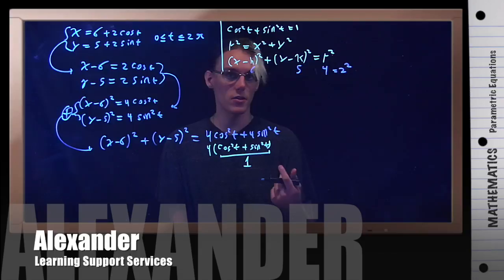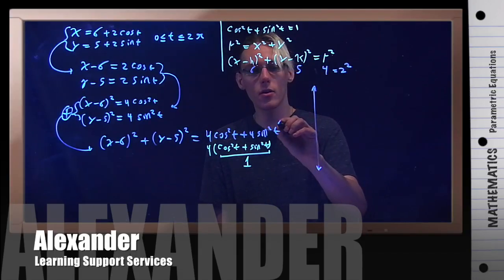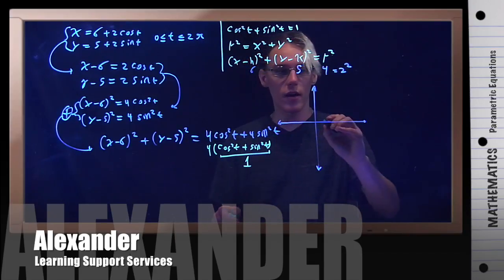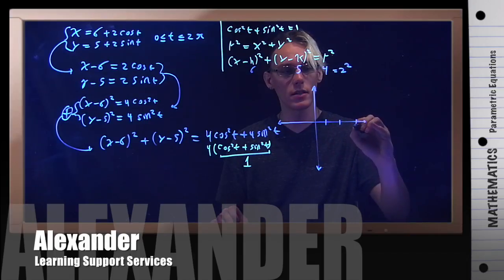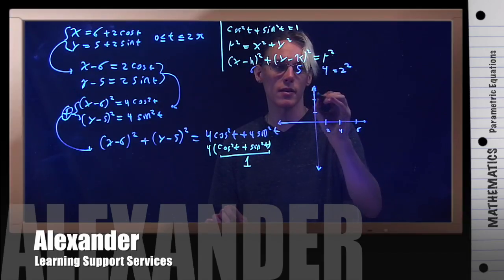So now that we have all of that, the final thing we were asked to do is to actually graph the equation. Well, since I already know this is a circle, and it's centered at 6, 5, I'll just mark these things by 2. So 2, 4, 6. 2, 4, 6. And so 5 is basically right here.